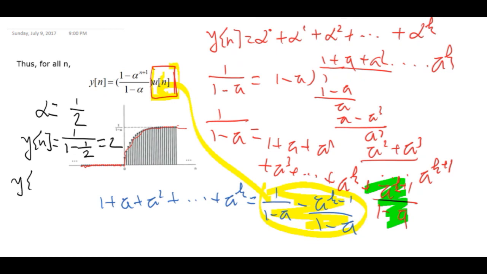When alpha is equal to 1 third, that is equal to 1 over 1 minus 1 third, that is 3 over 2. So what we can see is this waveform will converge to a different value for different alpha. Okay, thank you.